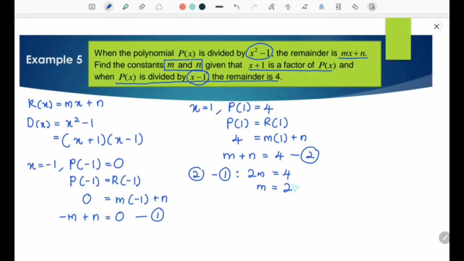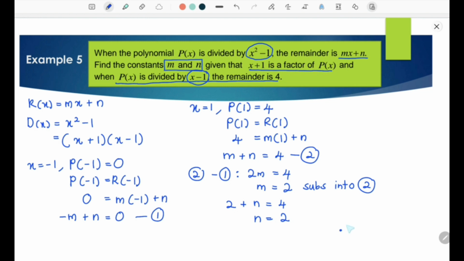Now I'm going to take this value m equal to 2 to be substituted into equation 2 to find the value of n. So we have 2 plus n equal to 4. So n equal to 4 minus 2 equal to 2. Therefore, we have the value of m equal to 2 and n equal to 2.